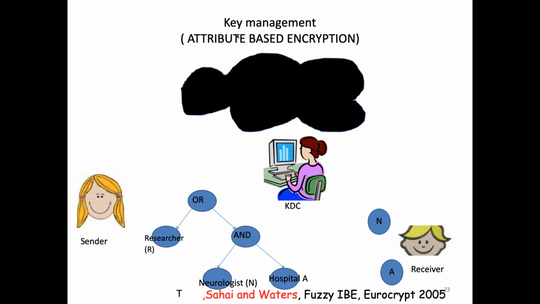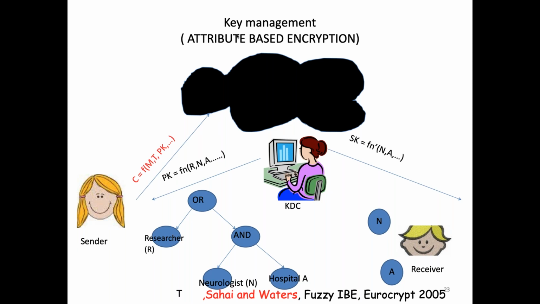So this is broadly the idea: we have a key distribution center which generates the cryptographic keys, and each user has attributes associated with it. The public key is a function of these attributes.